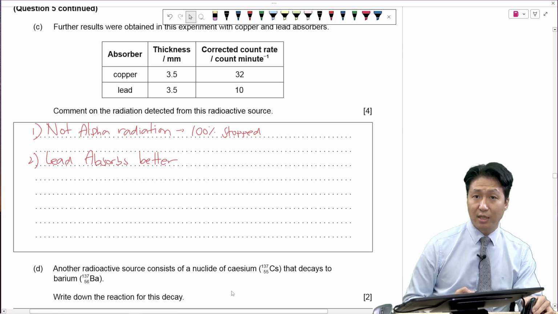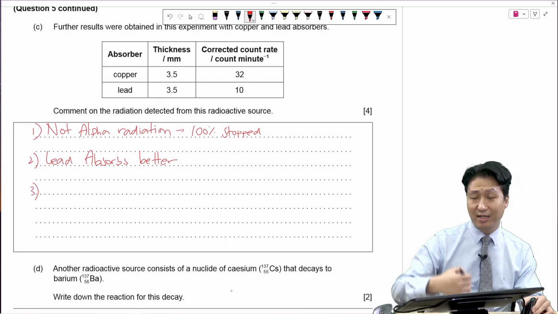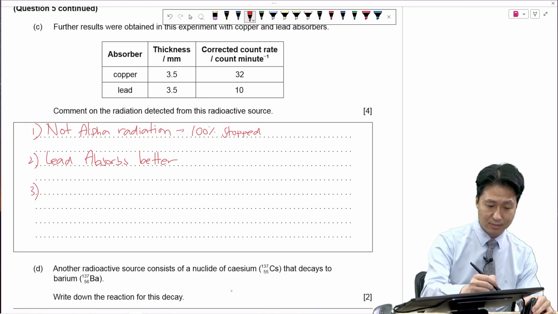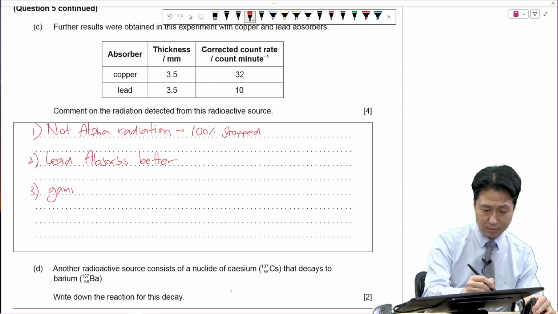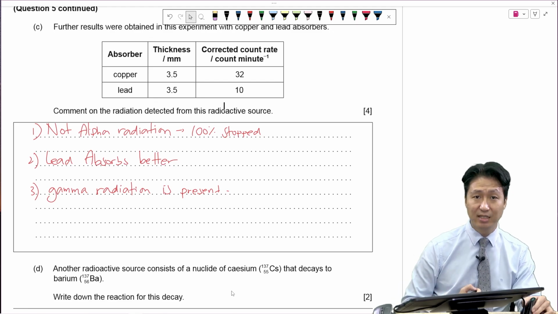Third, you can guess that there is going to be gamma radiation, because of this being able to go through the lead.